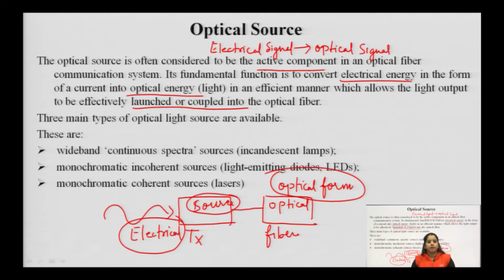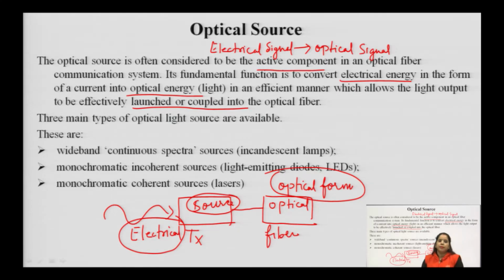So, two functions are performed: first, conversion of electrical energy into the optical one, and second, the efficient coupling and launching of this generated optical signal into the optical fiber.